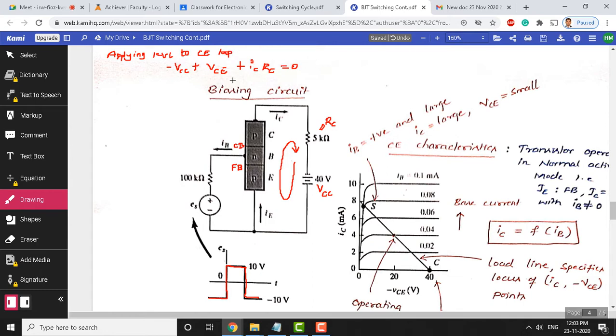So, you can simplify this equation for collector current. The reason is that already you have a device characteristic for VCE versus IC. Now, let us write this equation in terms of IC.